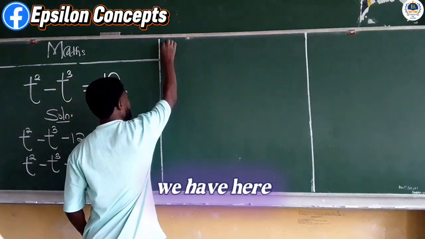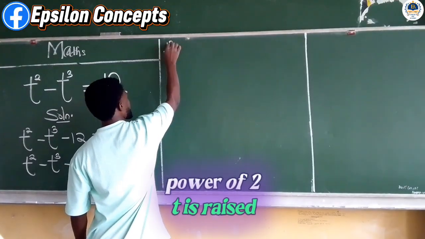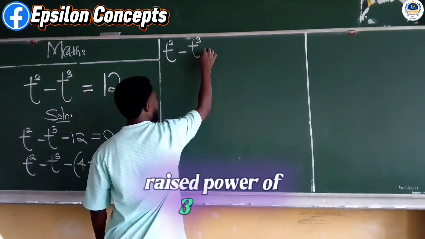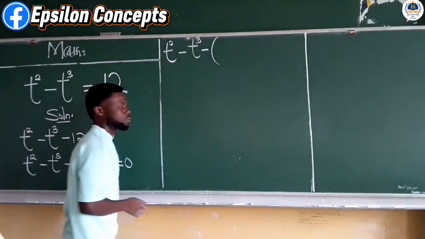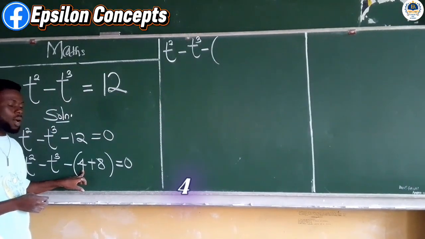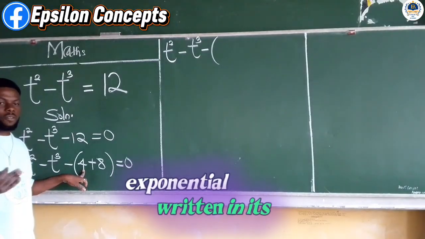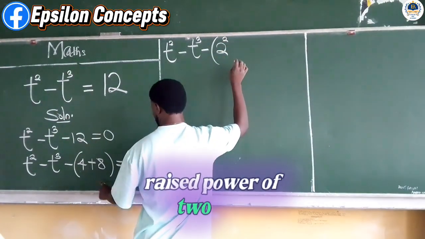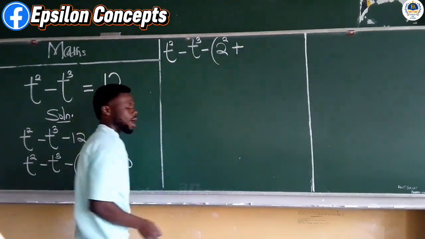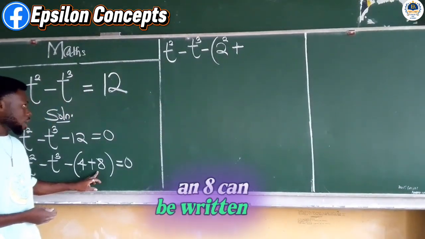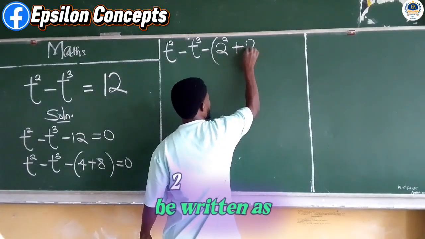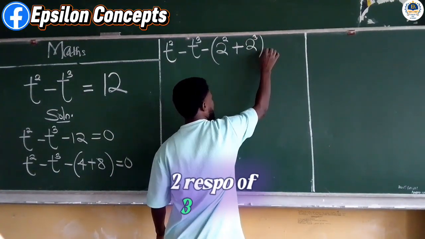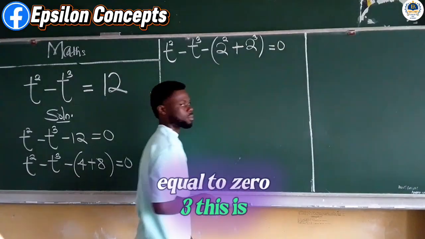We have t raised to the power of 2 minus t raised to the power of 3 minus, in brackets, 4 can be written in its exponential form as 2 raised to the power of 2, plus 8, which can be written as 2 raised to the power of 3. This is equal to 0.